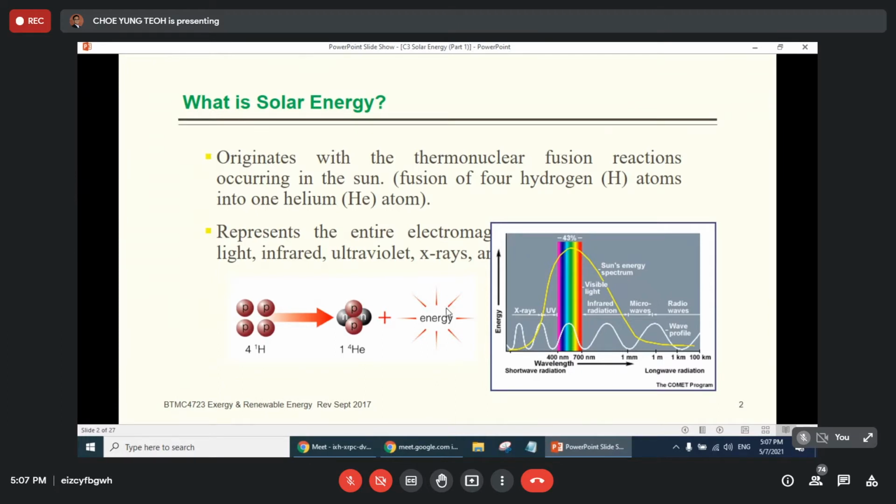Okay, and you can see that in this solar energy, we actually have the sunlight. Sorry, we actually have the X-ray, but we never receive X-ray on the Earth's surface. And try to imagine, X-ray is very dangerous to us. Okay, it will kill our body cells.